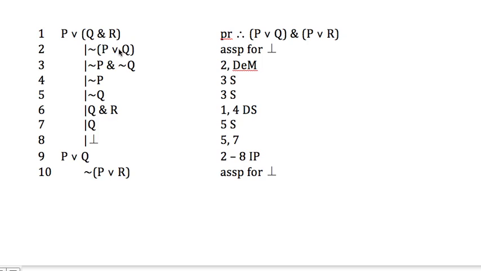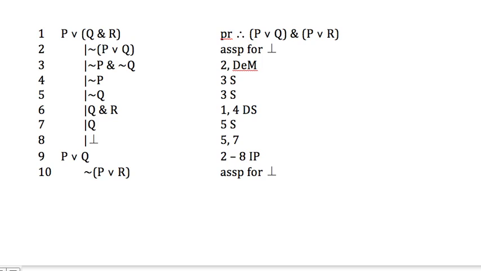We assume not P or Q, an assumption for contradiction. A De Morgan got us a nice AND statement. When we simplified that, a step of disjunctive syllogism got us Q and R, and a simplification gave us a contradiction. So we proved the first conjunct.